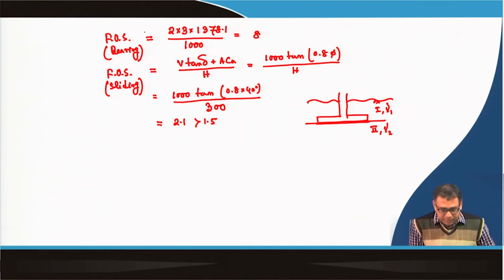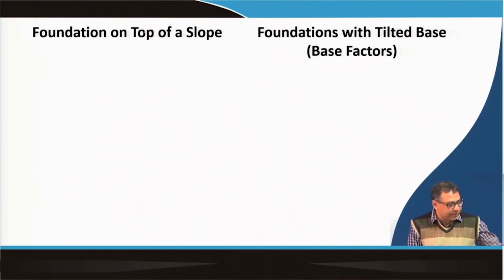Now, the next effect that I will discuss is when the foundation is with a tilted base. Till now we have discussed foundations where the base is perfectly horizontal, but there may be a possibility that the foundation base can be tilted also.